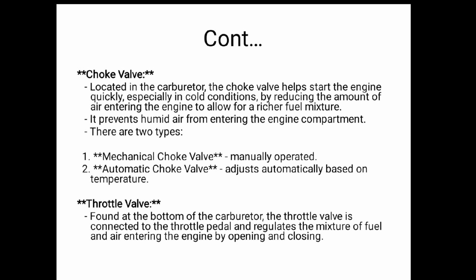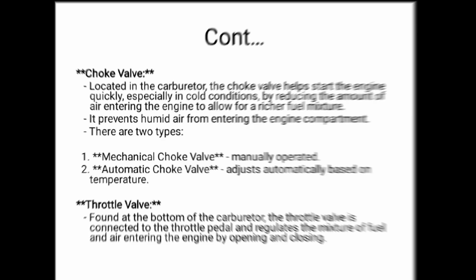So the throttle valve is the main thing that we must know. As the throttle is depressed, the valve opens wider, allowing more air and fuel to enter and resulting in increased engine power. Conversely, releasing the throttle decreases the airflow, thus reducing engine speed.